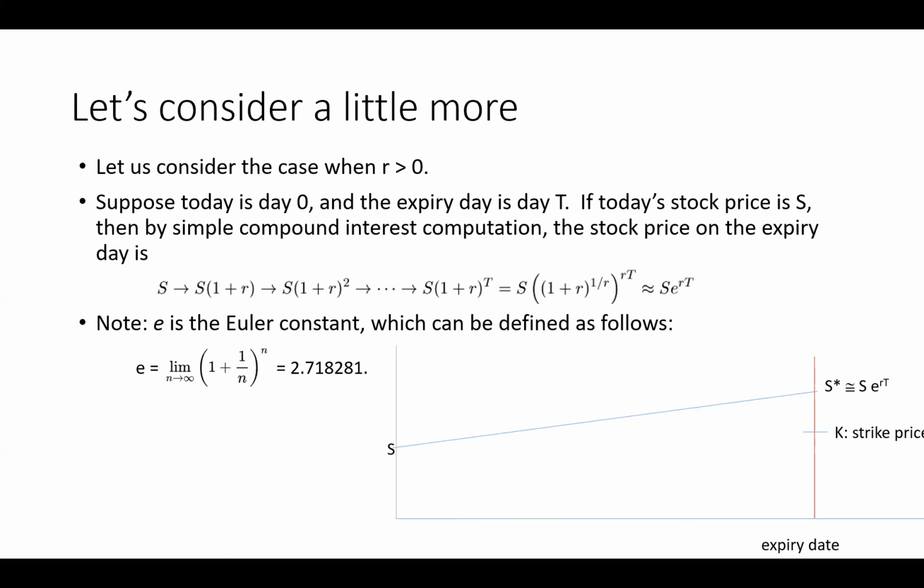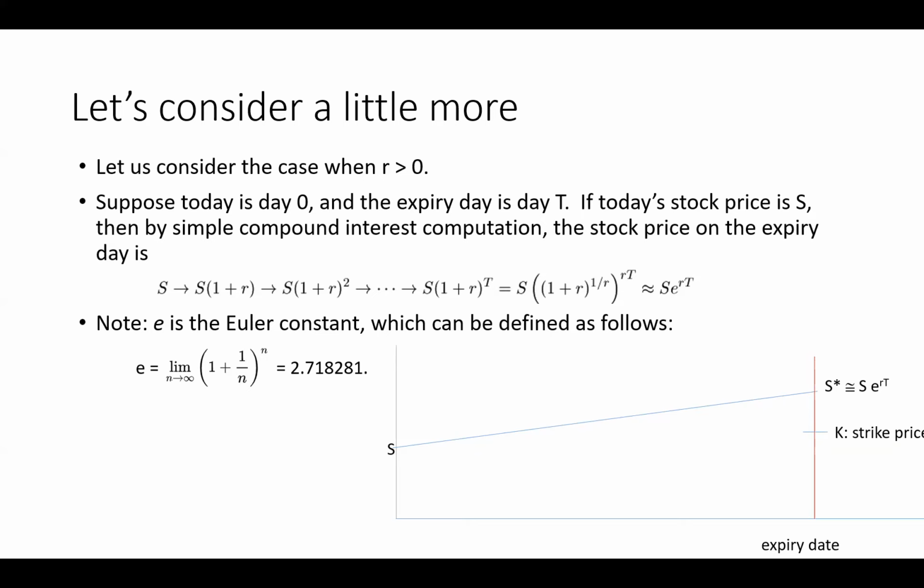Forget about this one. From calculus, it is well known that this can be approximated by e to the power RT. e is the natural number that appears again and again in mathematical analysis.